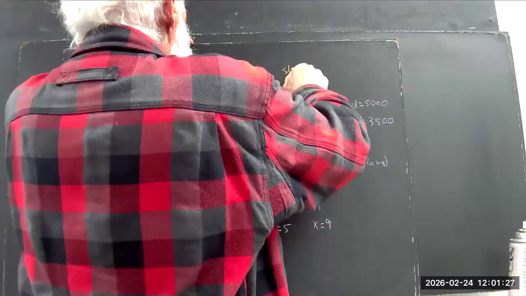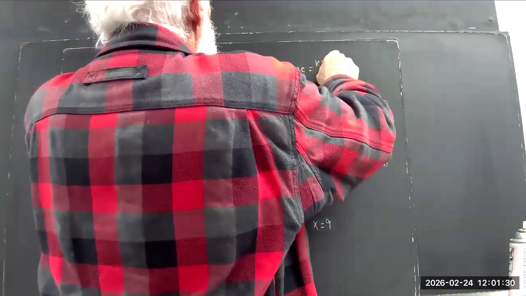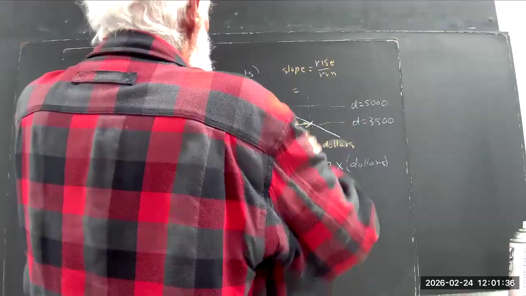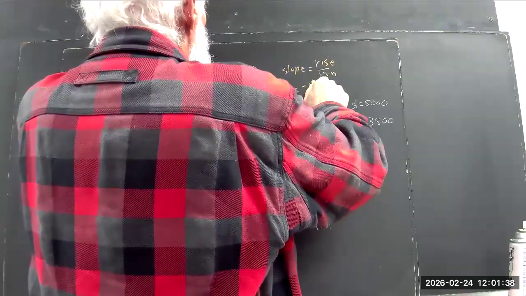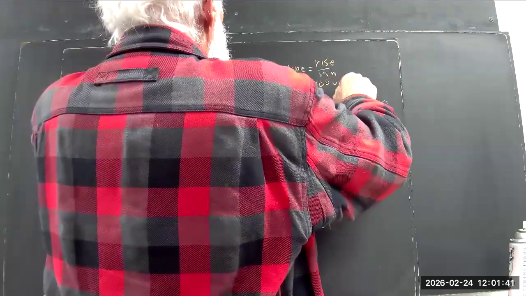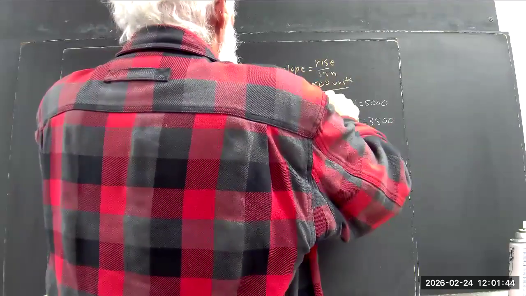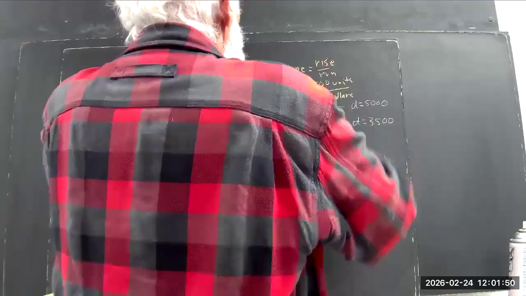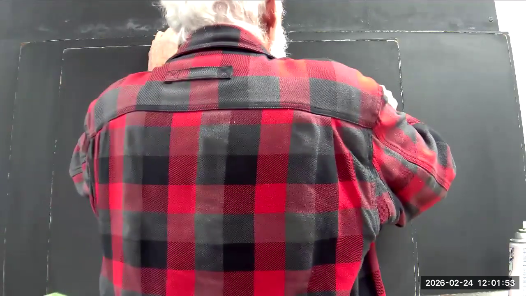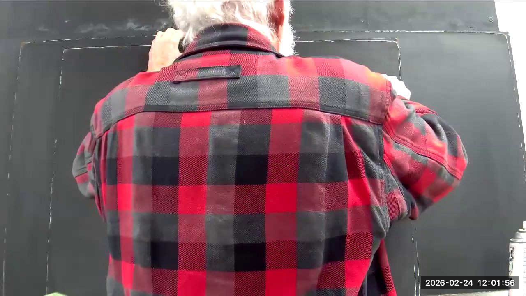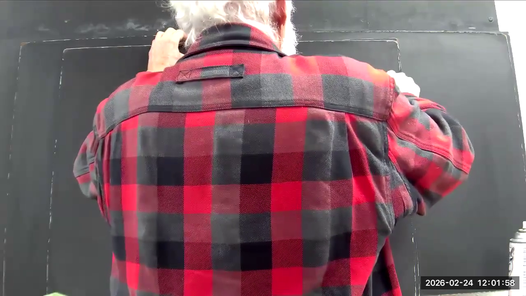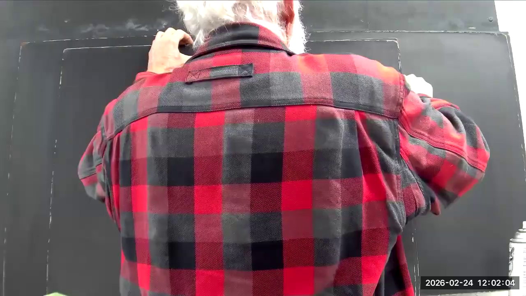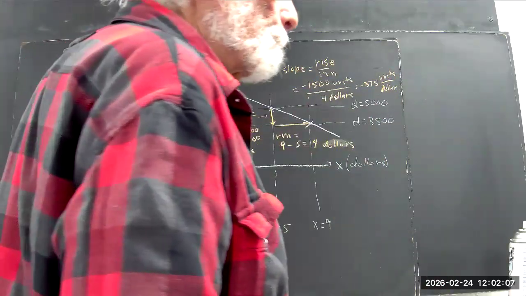So your slope equals rise divided by run equals negative 1,500 units divided by $4, which is negative 375 units over dollars, or units per dollar.